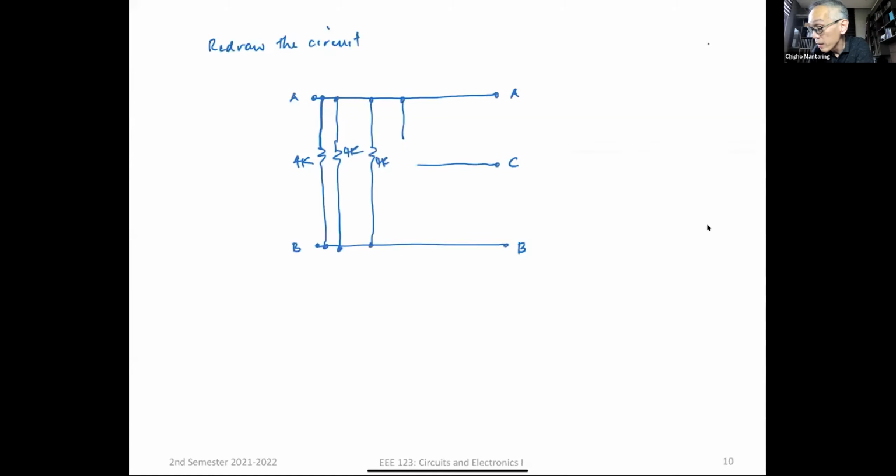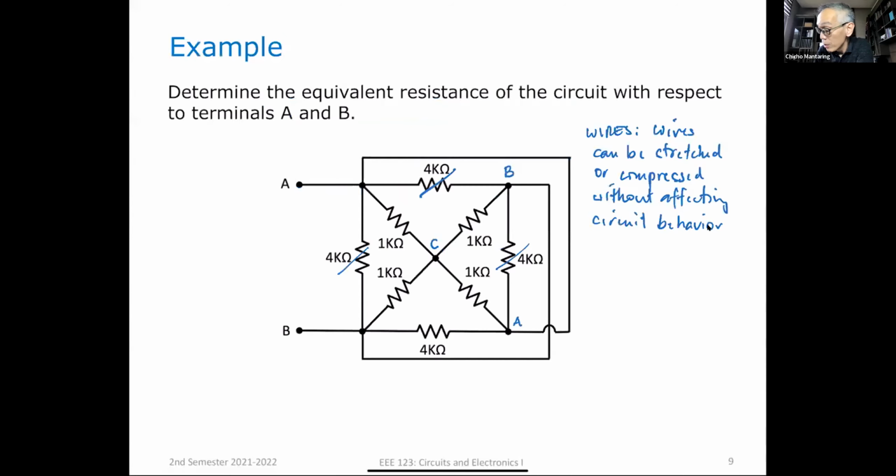Another 4K here. Okay, this is C. So, in effect, this is parallel to this, is parallel to this, is also parallel to this.